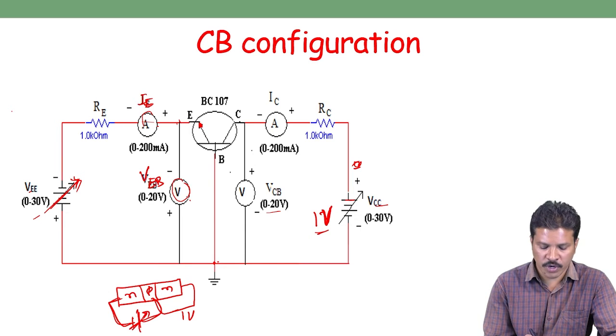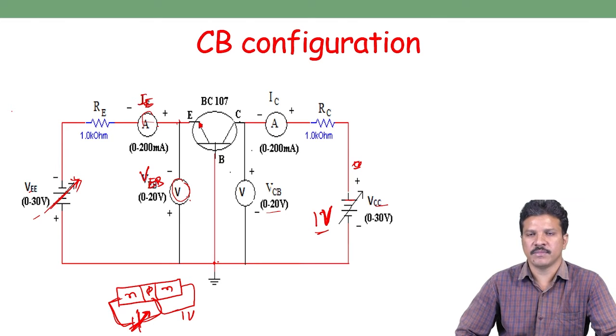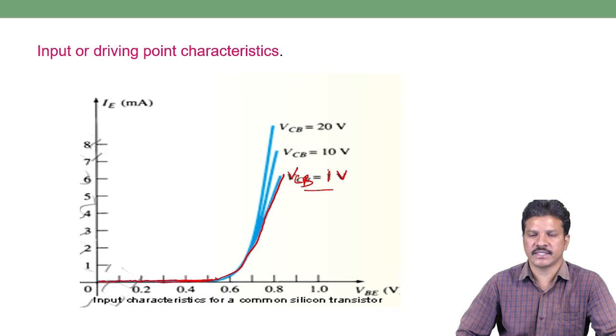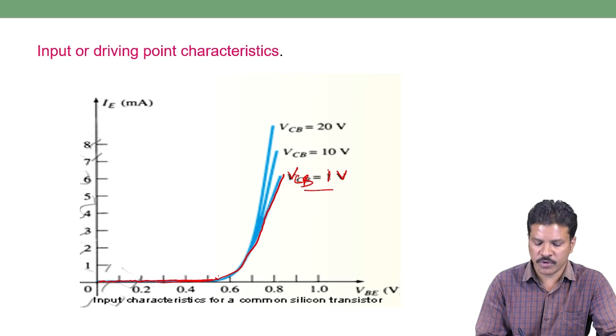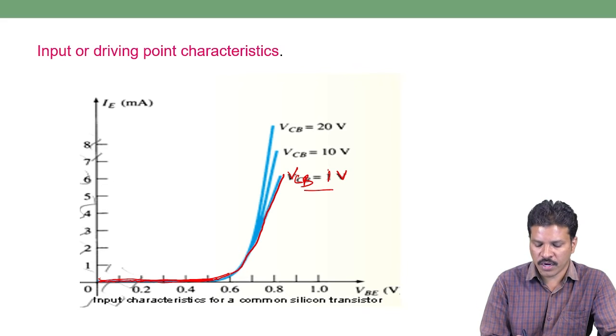When the input is forward biased, varying the voltage and noting down the current, it looks like the VI characteristics of the PN junction diode. So the input junction is forward biased. Up to some cut-in voltage, which is 0.6 for silicon and 0.3 for germanium, before the cut-in voltage it shows no current flow.